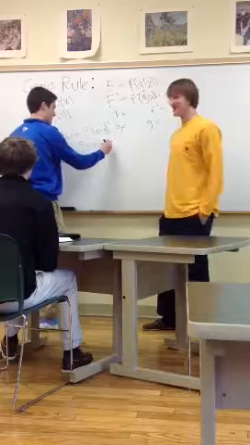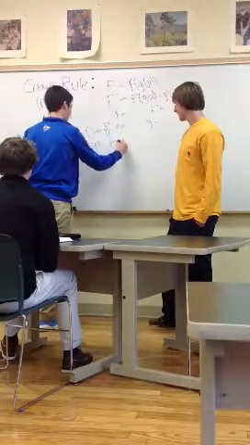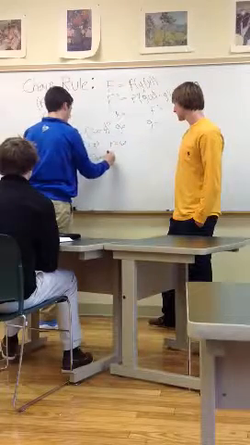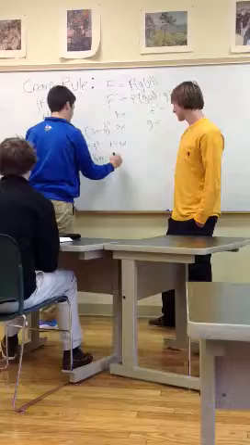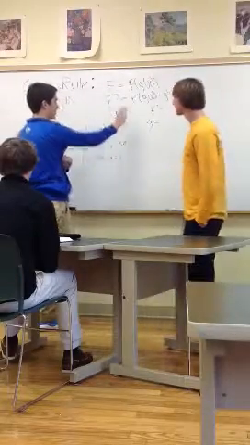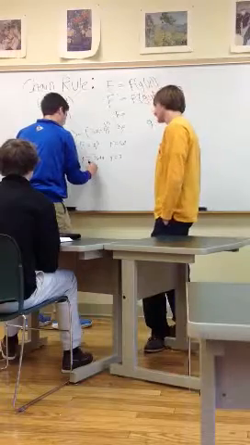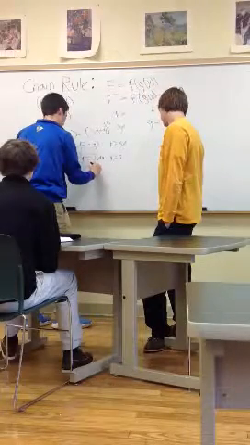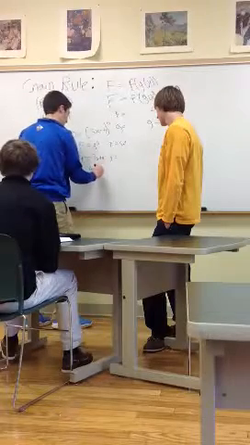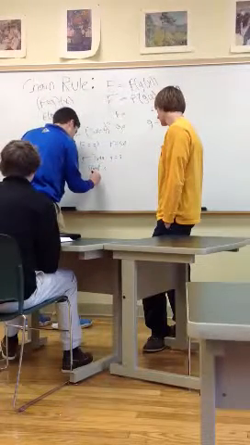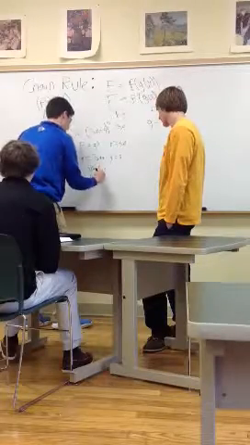Very good, Jake. And the derivative of this is 5x to the 4th, and the derivative of this equals 3. So you plug it into the formula right here, and it would be 5 times 3x plus 4 to the 4th times 3, which equals 15 times 3x plus 4 to the 4th.